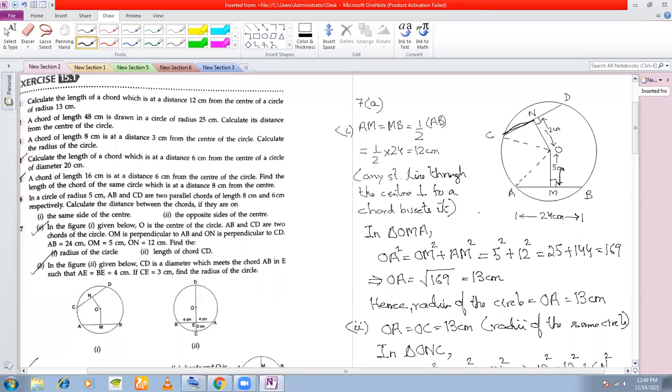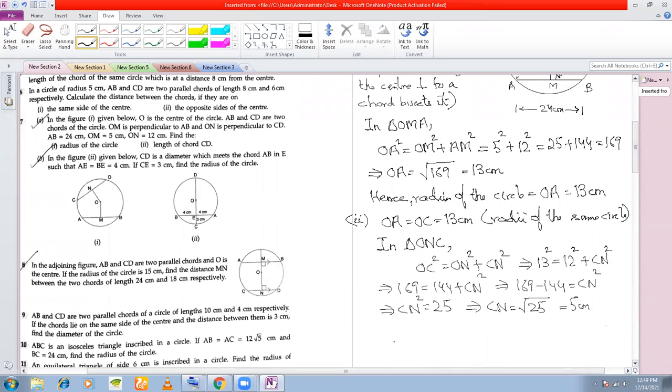Now ON is perpendicular to CD, that means CN must be equal to ND, which is 5 centimeters.